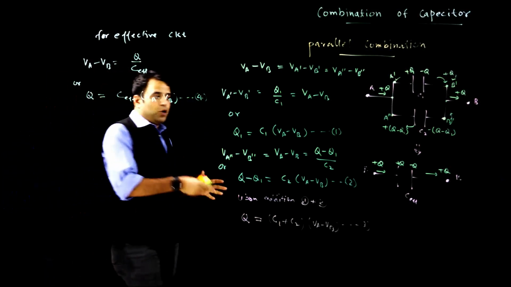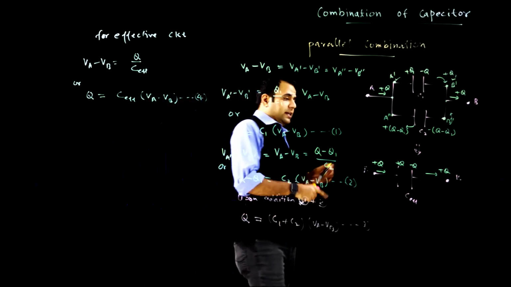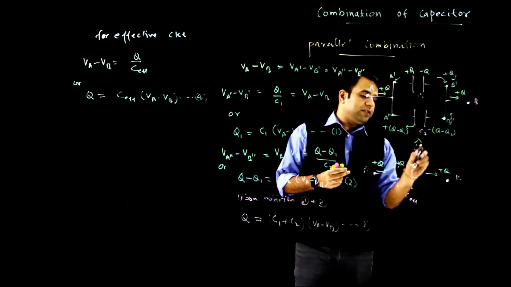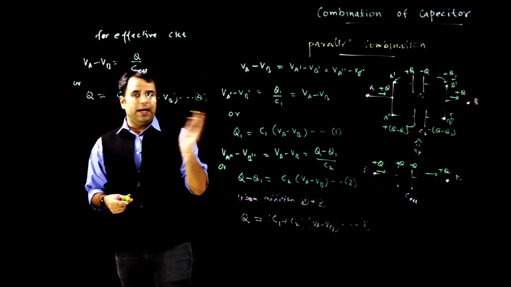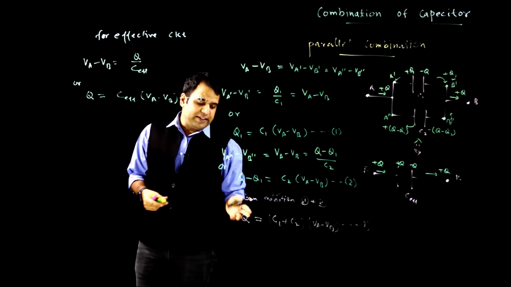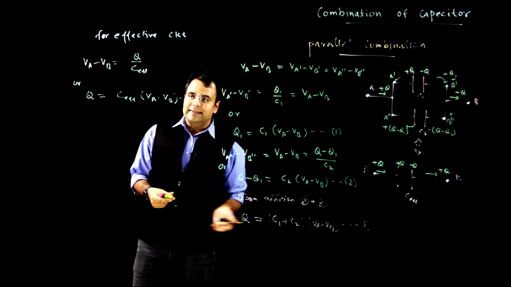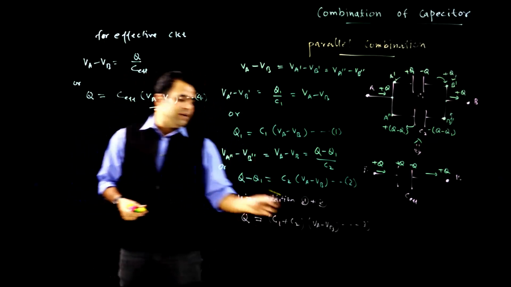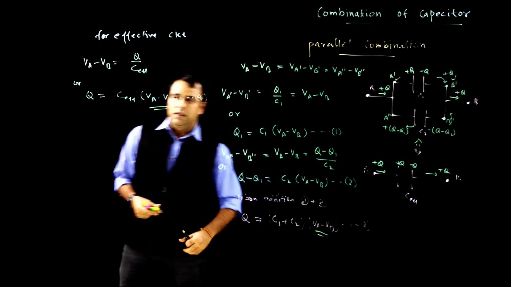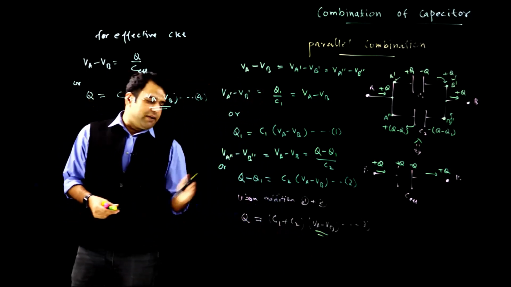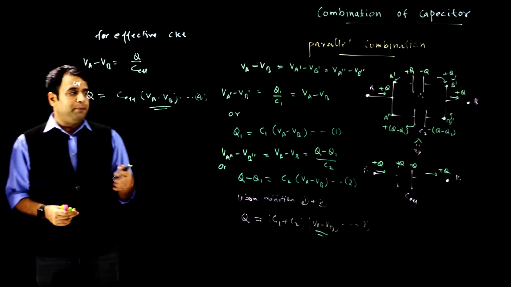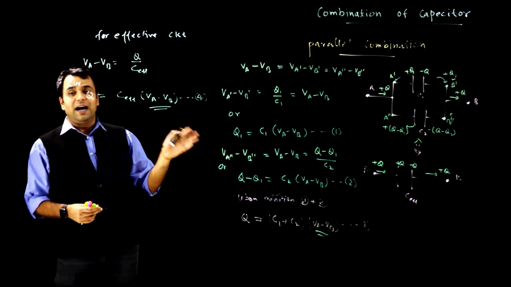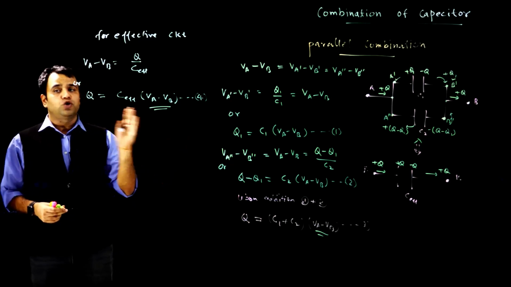Now see, if both of these circuits are similar, then their formulas should be the same. If you compare equation 3 and 4, the Q on the left hand side is the same, and on the right hand side you see VA minus VB here as well as here. So the rest of the thing, which is C effective and in this case C1 plus C2, should also be the same, because if these two circuits are similar, their equations should also be the same.